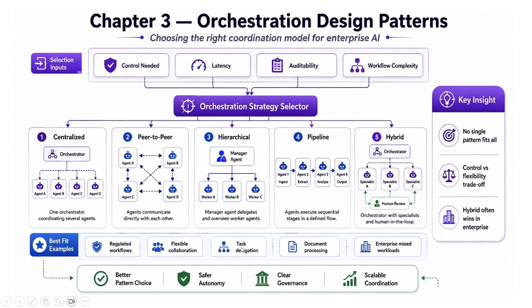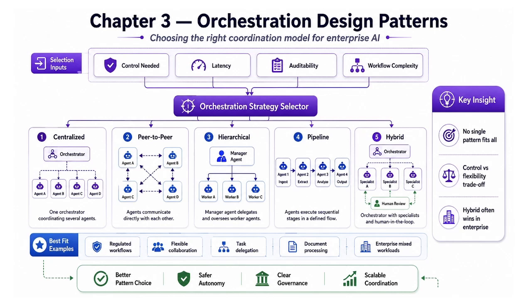If you have task delegation, you can use the manager-worker agent, which is the hierarchical pattern. If you have document processing, like in legal operations, you can use the pipeline pattern. If you have an enterprise mixed workload, you can use hybrid, where you also combine with a human in the loop. So that is how it works. This enables better pattern choice, safer autonomy, clear governance, and scalable coordination.